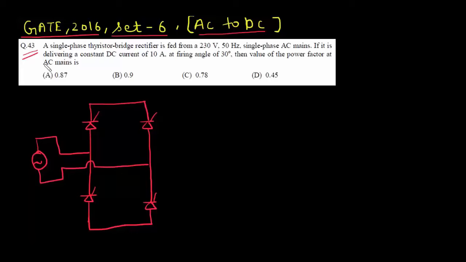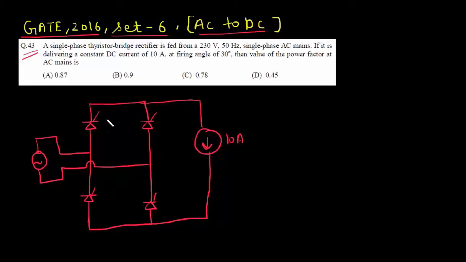It is delivering a constant DC current of 10 amp at a firing angle of 30 degree. So the load is a constant DC current source of value 10 ampere. Then the value of the power factor at AC mains, so we have to find the power factor of AC mains.